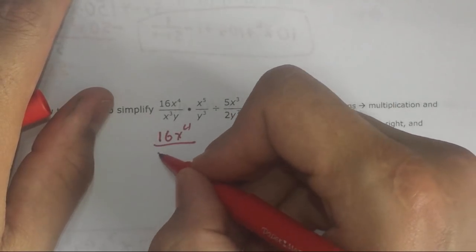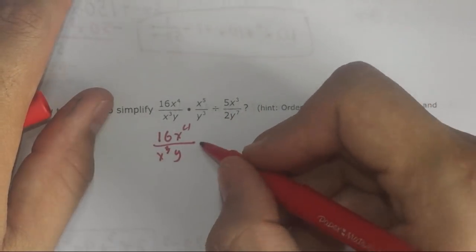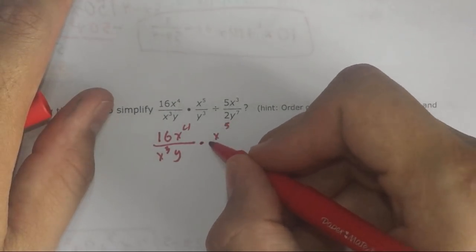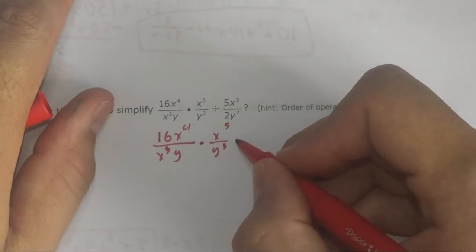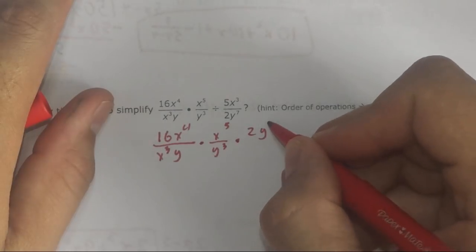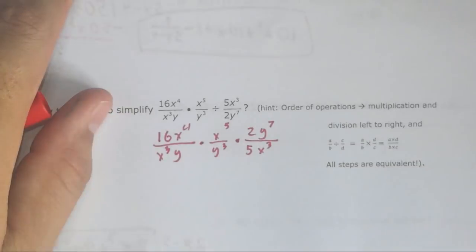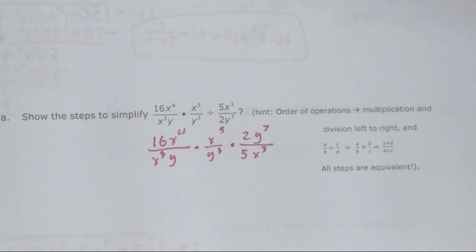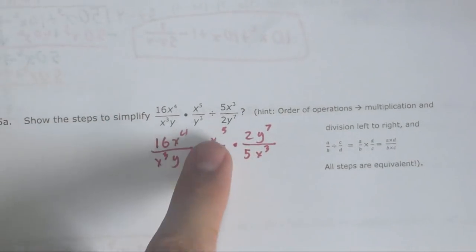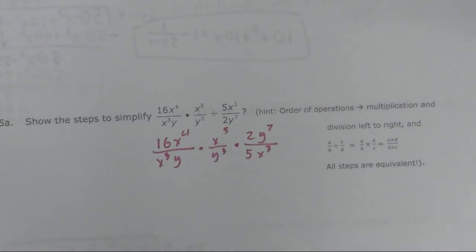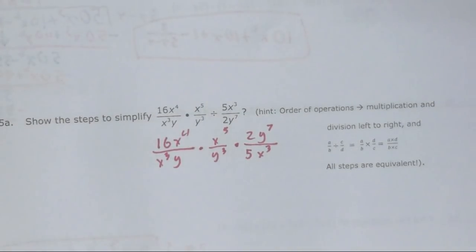16x to the fourth, x to the third, y, times x to the fifth, y to the third, times 2y to the seventh, over 5x to the third, is the same thing. We just switched that division and made it multiplication. That is perfectly fine for you to do.